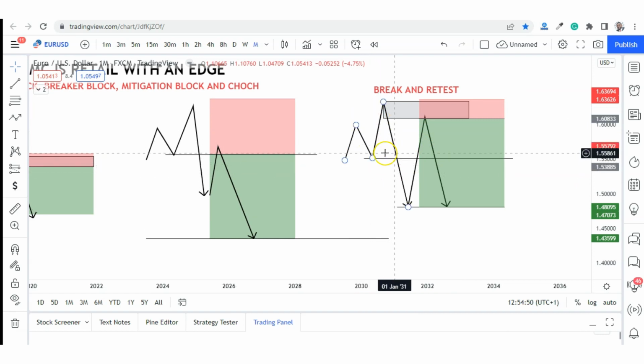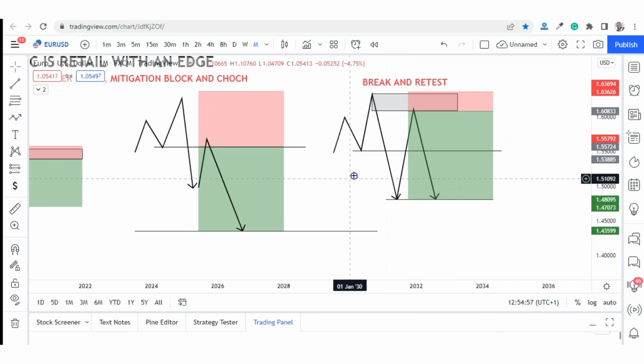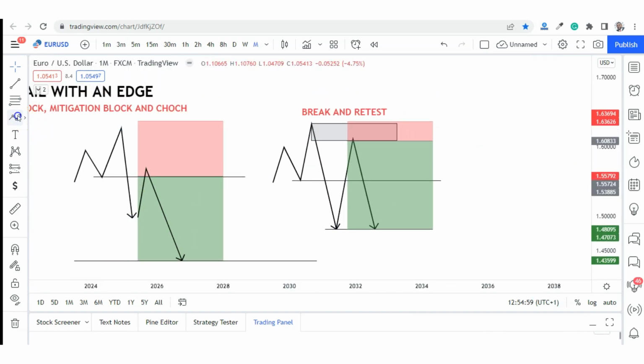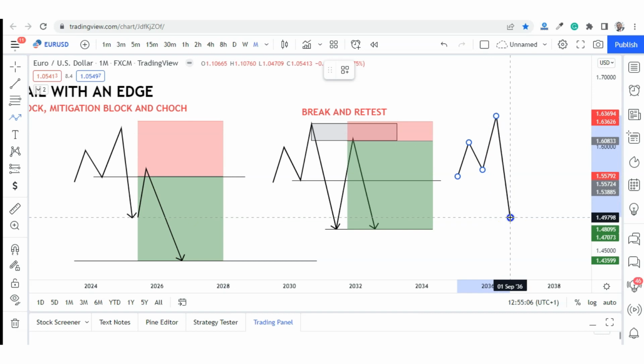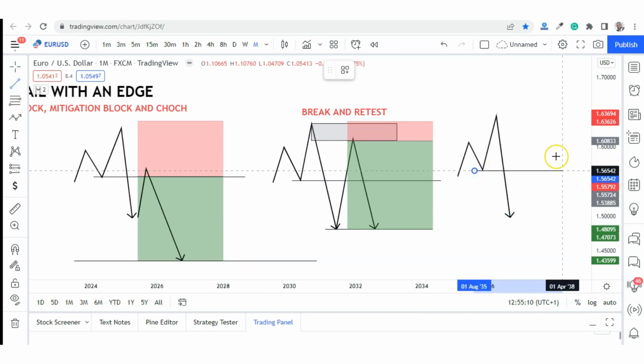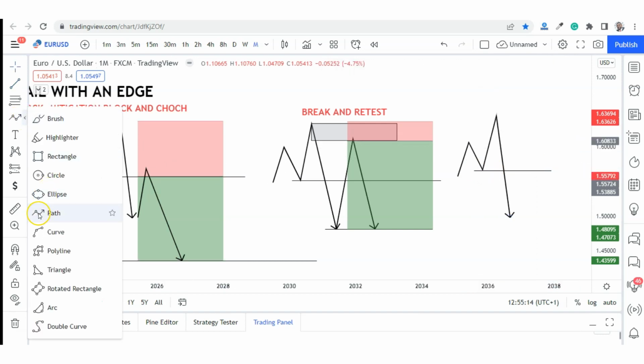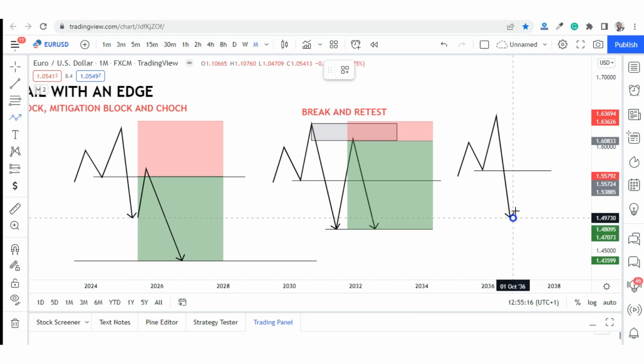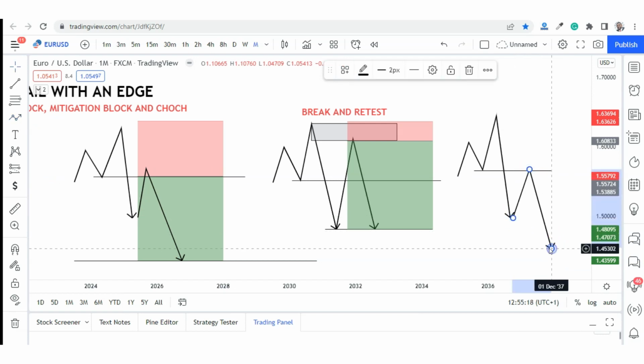But the retail trader will see this as a break of support. This is what retail would do. Retail traders, those that trade the retail concept, when this line gets broken, they see it as support turned resistance, and this is where they enter the trade and aim lower.